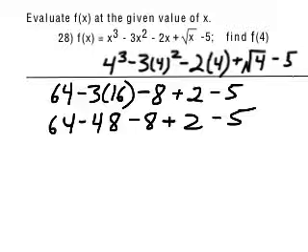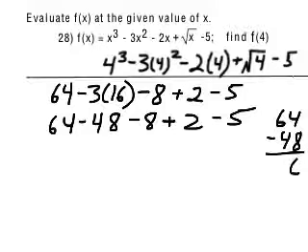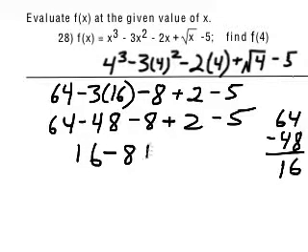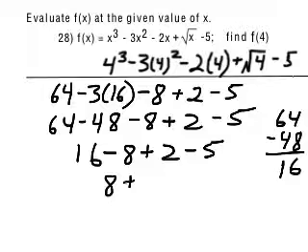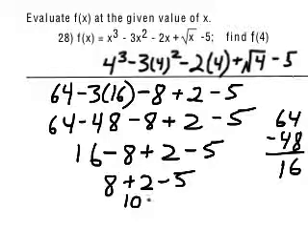Okay, 64 minus 48. So we're going to do it from left to right this time. That's 16. Okay, so we have 16 minus 8 plus 2 minus 5. If we're doing it this way, we've got to do it left to right. So this becomes 8 plus 2 minus 5, and that becomes 10 minus 5, and again, back to 5. Our answer.